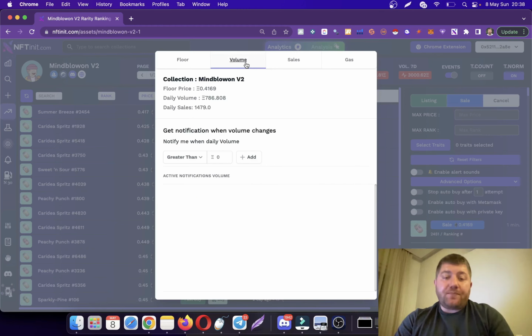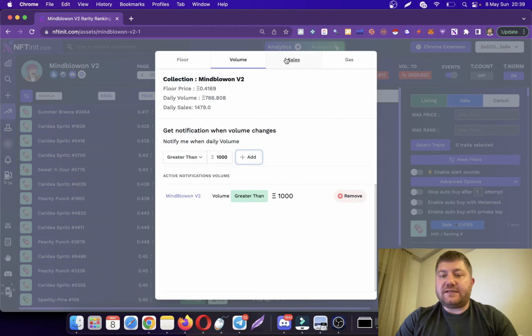You can do the same for the volume. Because volume actually gives a good indication of what the floor price is going to be. So if the daily volume is actually quite high already, it's a trending collection. However, you want to know if it goes beyond 1,000 Ethereum. You can do the daily sales.